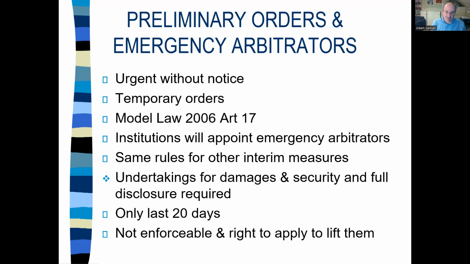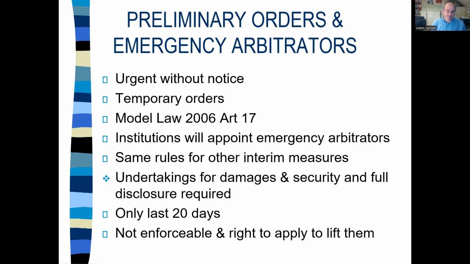The model law provision doesn't work. You can't deny the other side the right to apply to lift the order at any stage. So you get a degree of emergency help that you would otherwise need the court for.